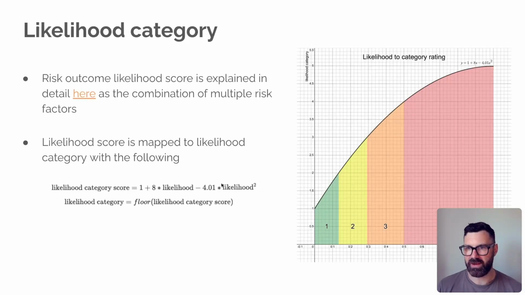But just to talk about how the calculation works, once we have got the combination and we have a number between 0 and 1 to represent the likelihood, that is mapped to the likelihood category based on this chart below. So we have remote, unlikely, possible, and likely.